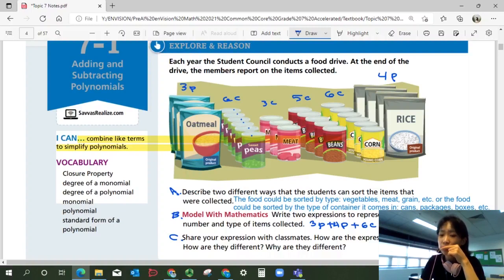How are the expressions similar? How are they different? Why are they different? So some of your classmates may have sorted it by the type. How many veggies we have. You can count the number of peas. Wait, is that more of a grain? So yeah, categorize them. How many meat? How many beans? So it could be different by category.